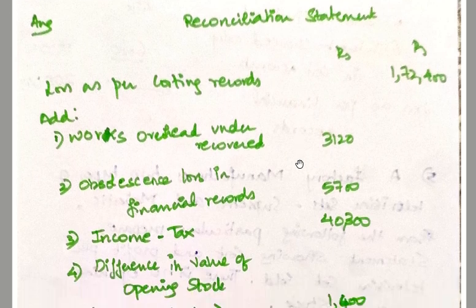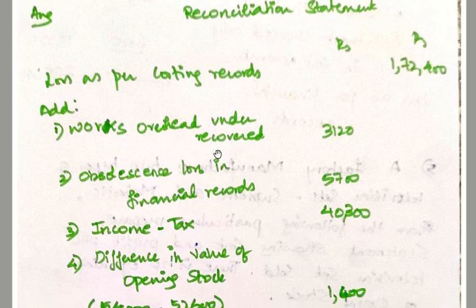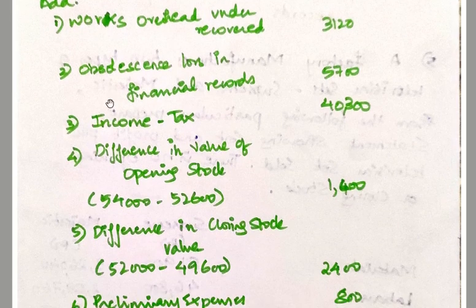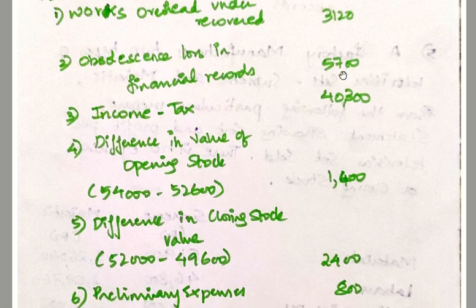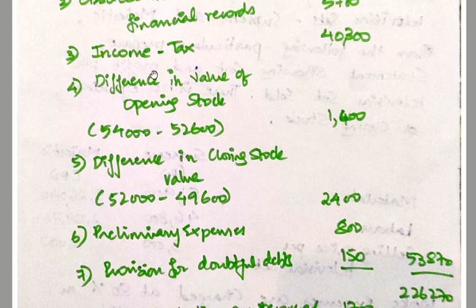So the reconciliation statement: loss as per costing records 1,72,400. You add your works overheads under recovered 3,120. Obsolescence loss in financial records 5,700. Income tax 40,300.